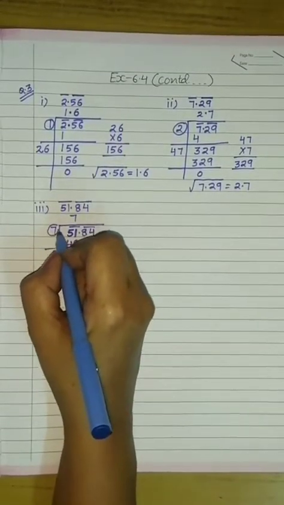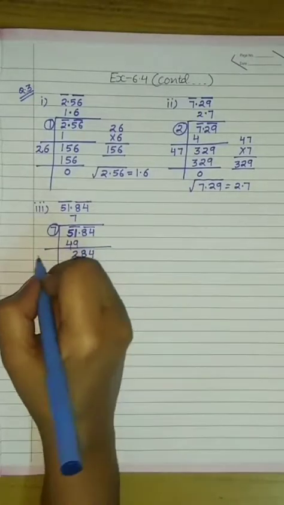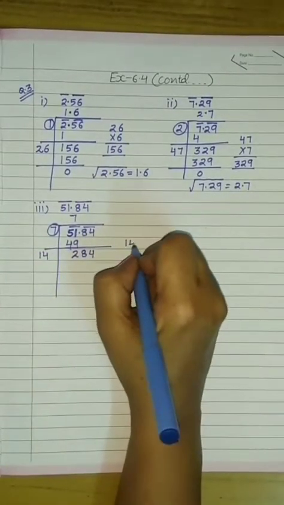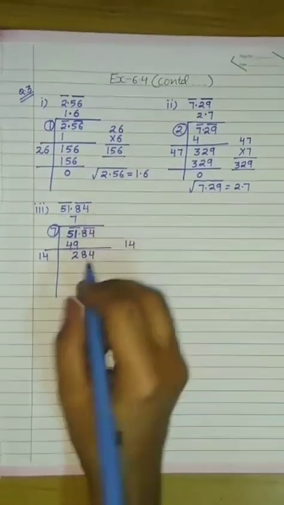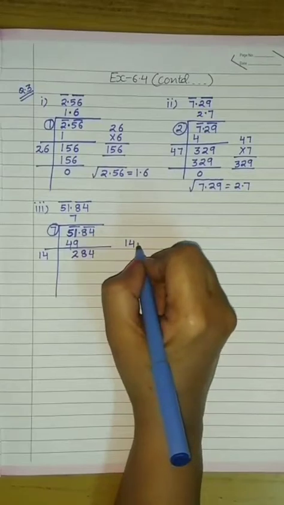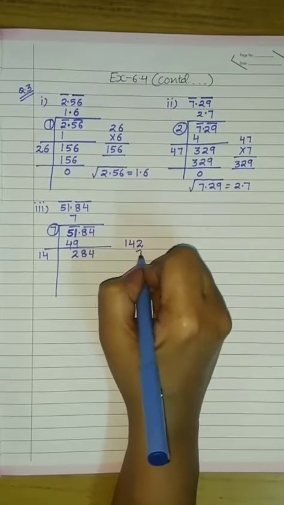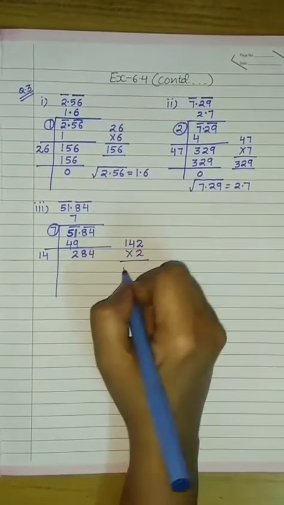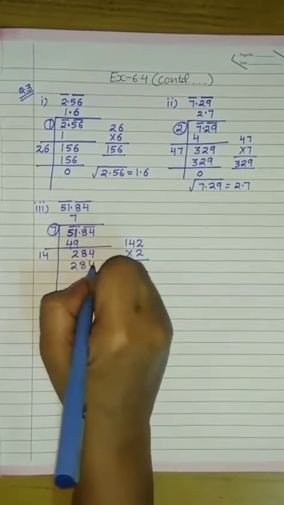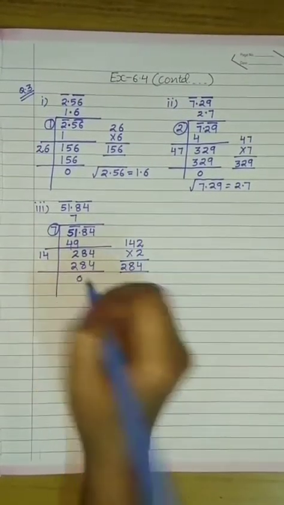Now double this divisor 7. 7 2s are 14. So after 14, I have to write a number which, on multiplying itself, gives a number equal to 284. Such a number is 2. So 142 into 2 will give us 284. So our remainder is 0.